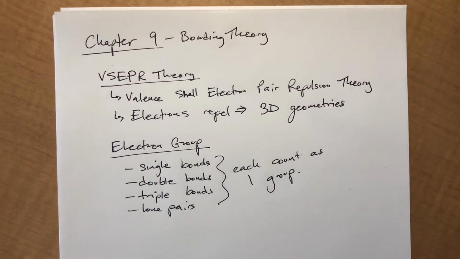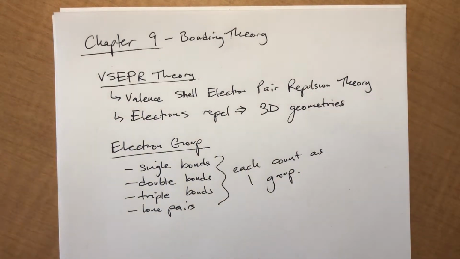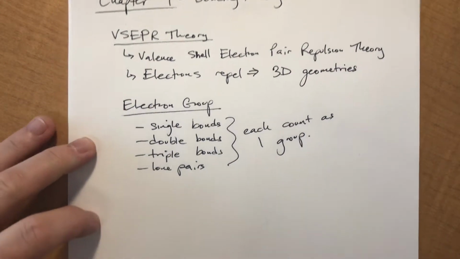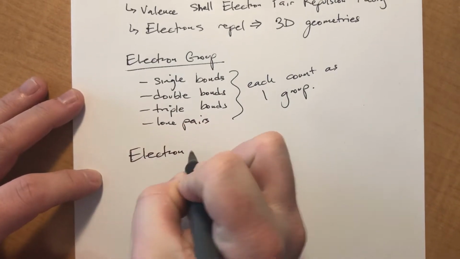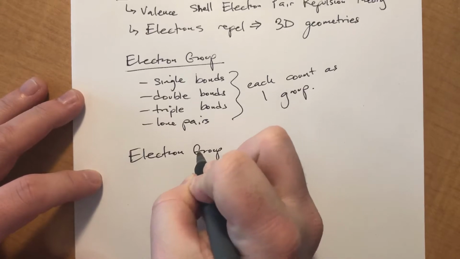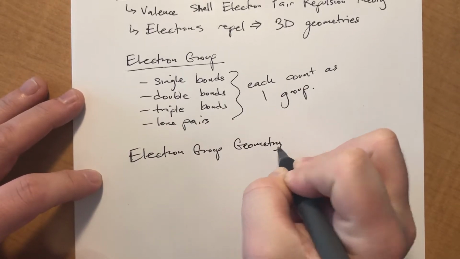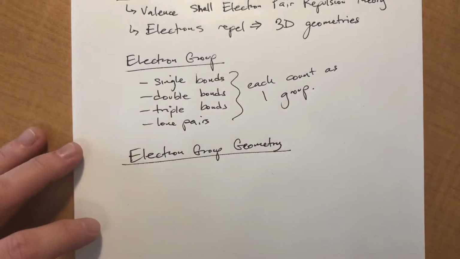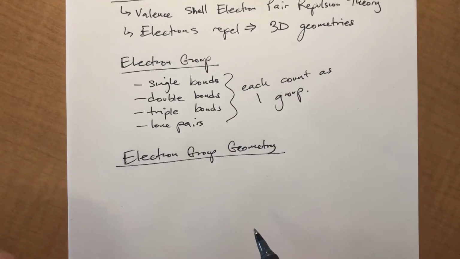Okay. And there are different types of geometries that we can get out of this. The first is called electron group geometry, and it's actually the easiest of the bunch. Electron group geometry does not distinguish between any of these, and we only care about what is connected to the central atom.